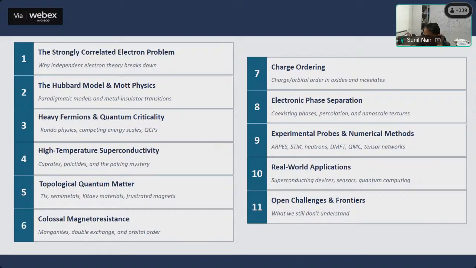I do presume that you have some talks dealing with topology in quantum materials, so I would not do too much of it.